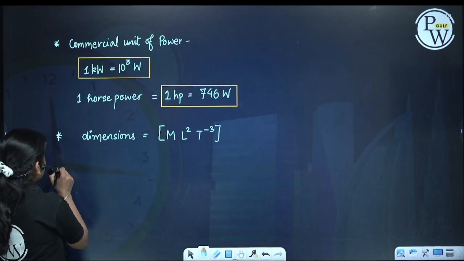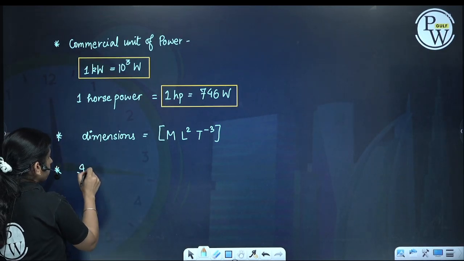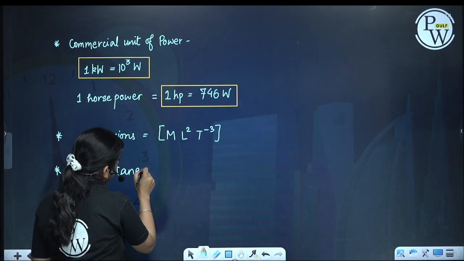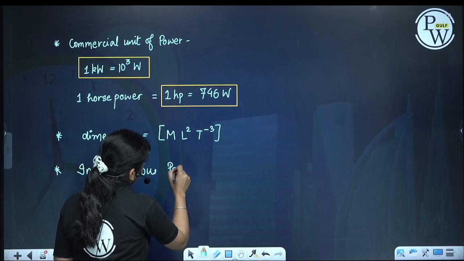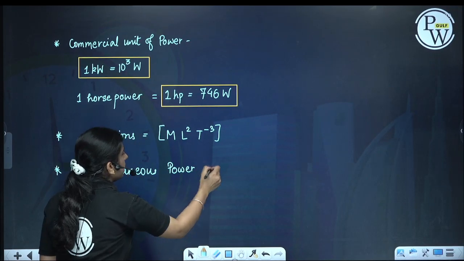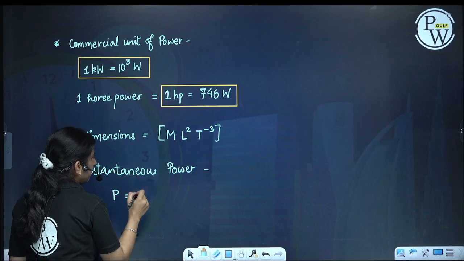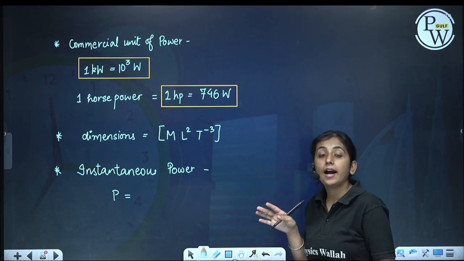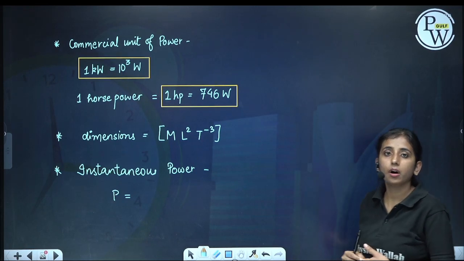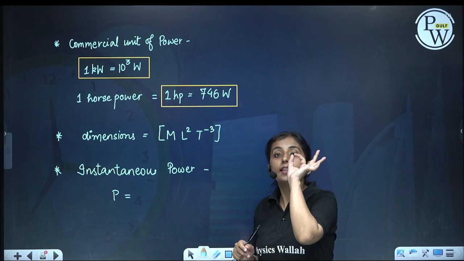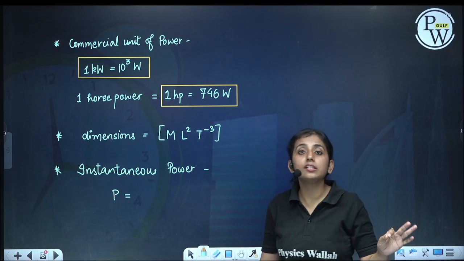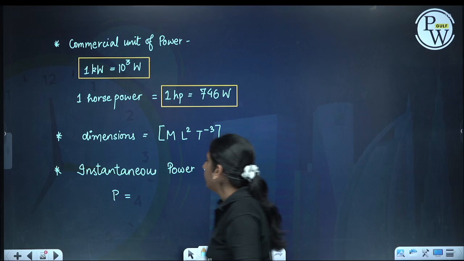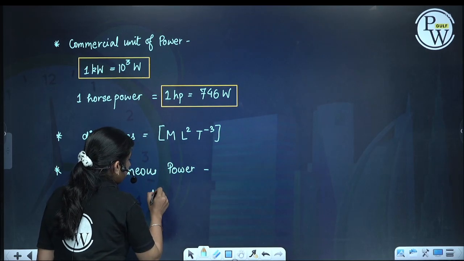If we want to see instantaneous power, then we have to see if work is being done as a time dependent function. Then we can take an infinitesimally small interval of time dt in which the work done is dw.